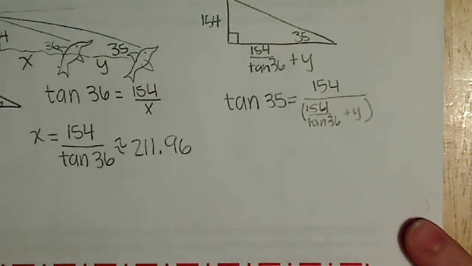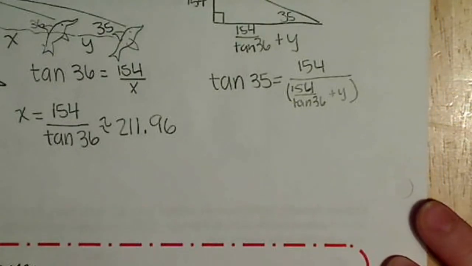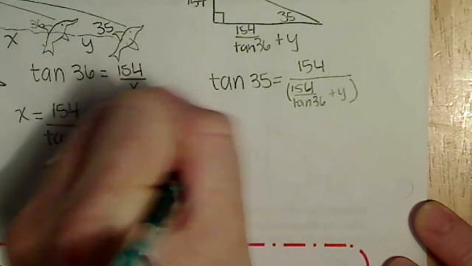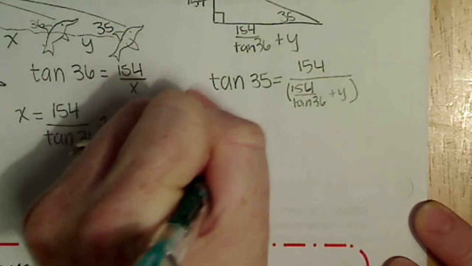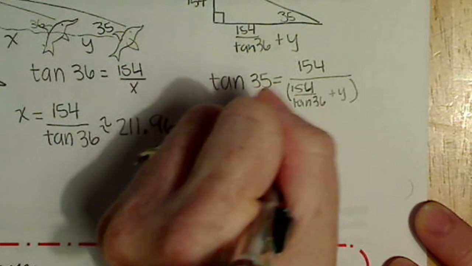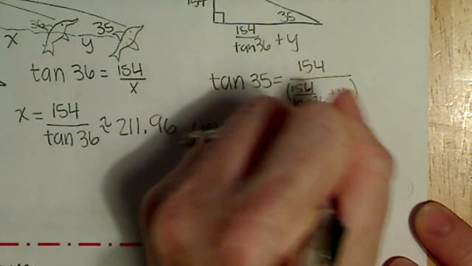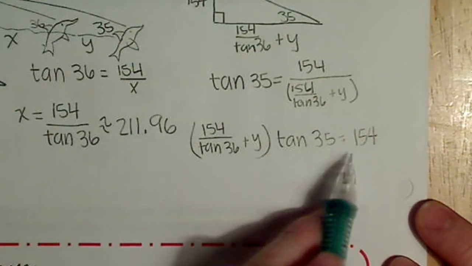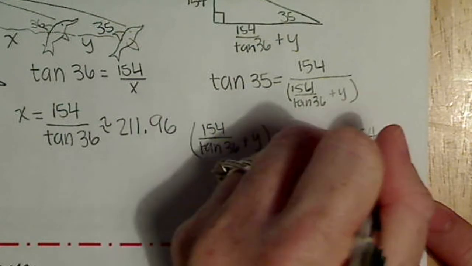I'm going to multiply by the denominator, so I get 154 over tangent of 36 plus y times the tangent of 35 equals 154. Whew. I'm going to divide by the tangent of 35.